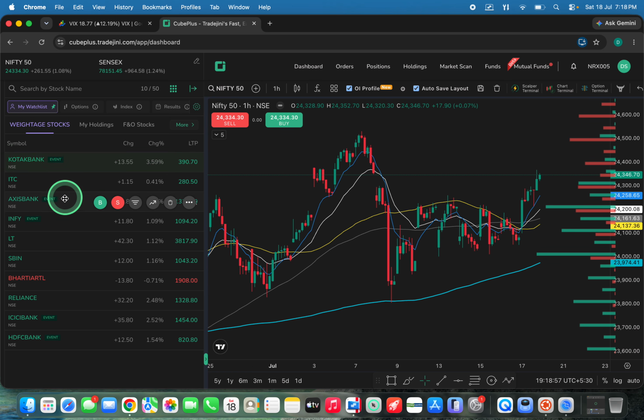Nifty indices work on these 8 or 10 stocks at the most. Around 66% of it is controlled by these stocks, and the rest are small caps and mid caps and some micro caps also. But 66% of the weightage goes to these 10 stocks.